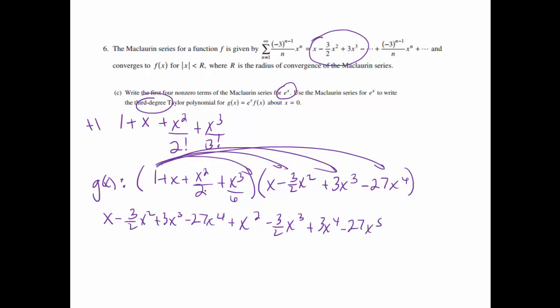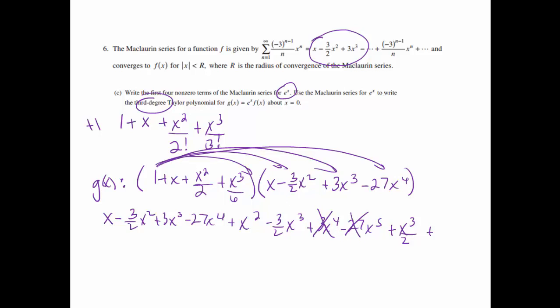Okay, and then I'm going to distribute the x squared over 2 to all of the parts. Okay, I'm going to get plus x cubed over 2 plus, and I'm going to stop right there because this has to be a third degree polynomial, and I'm going to have to cross those out because they're higher than degree 3.